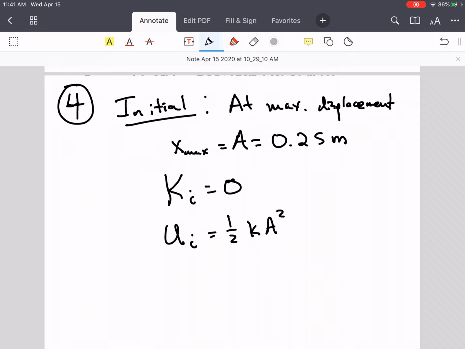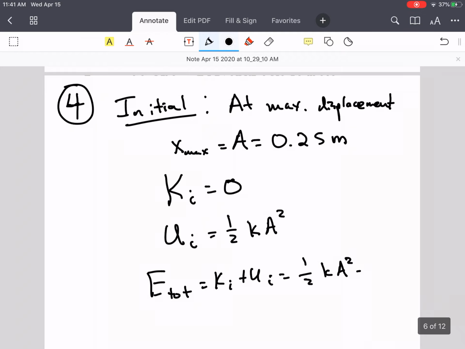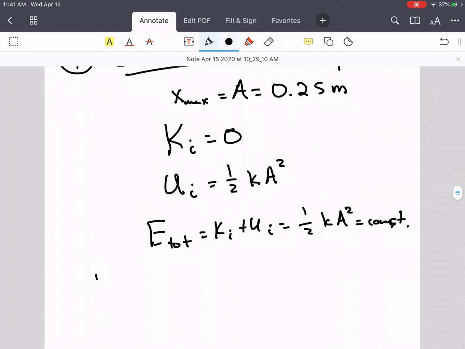All right, so my total energy in the system is kinetic plus potential. In this case, that's just potential, so it's 1/2 kA squared. That is conserved. It's a constant. Now, if I consider this final point that the question is asking about, my x final is at 0.16 meters, some not particularly special value. At this point, what do I know? First off, do I know the speed or the kinetic energy?